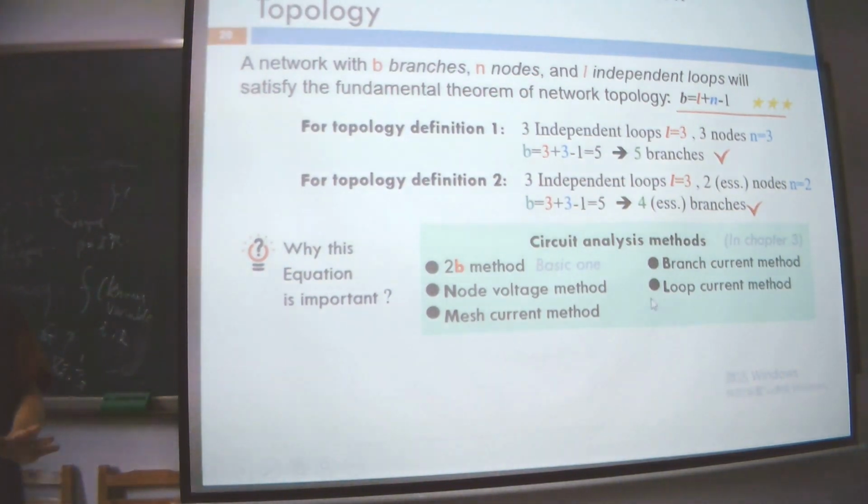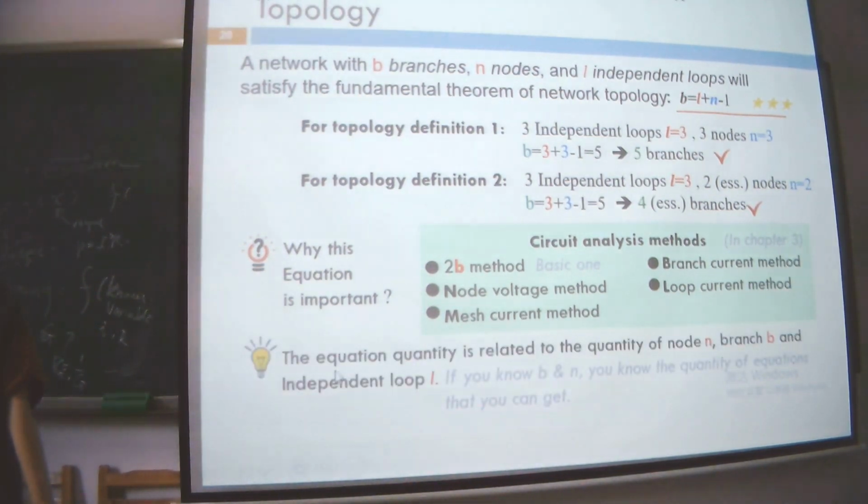So if we have 3 loops, that means 3 currents. The number of equations is related to the number of nodes N, branches B, and independent loops L. If you know B and N, you know the number of equations you can get.